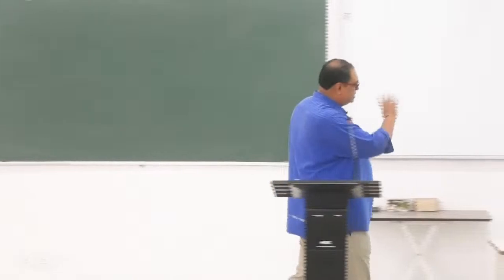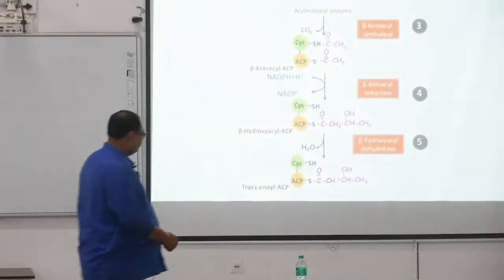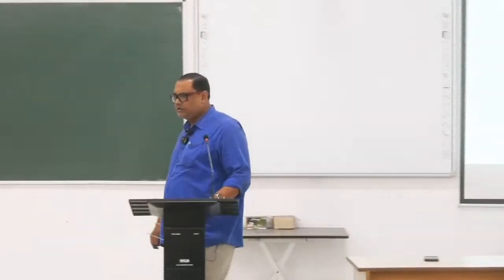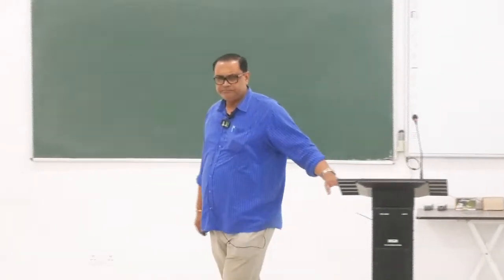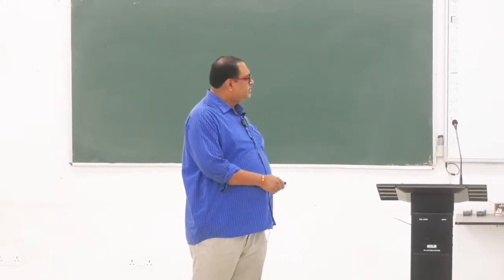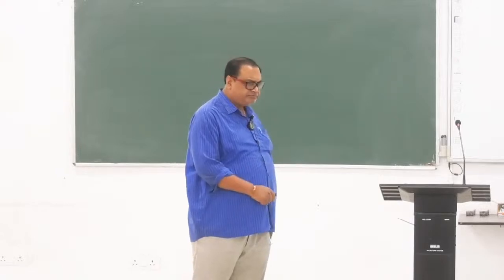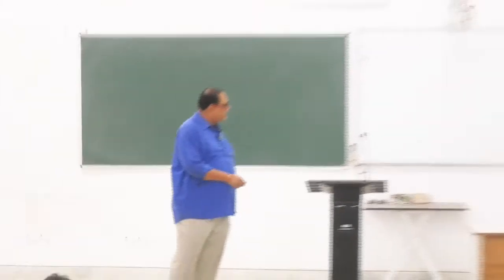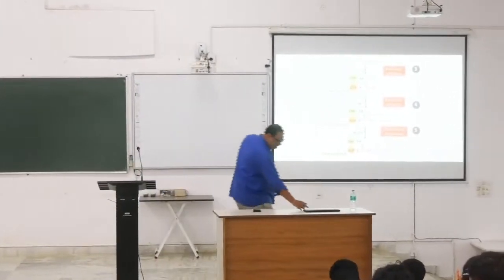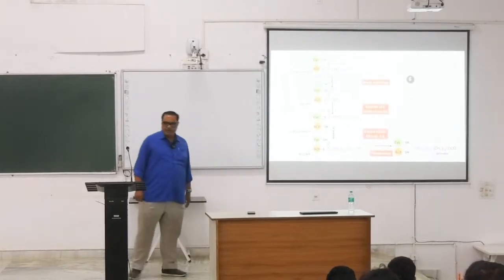In the next step, water is removed to form beta hydroxy acyl enzyme. This was beta keto acyl enzyme, then beta hydroxy acyl enzyme. Then beta hydroxy acyl enzyme will undergo reduction, that means withdrawal of hydrogen ion.